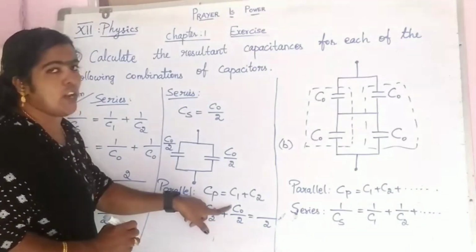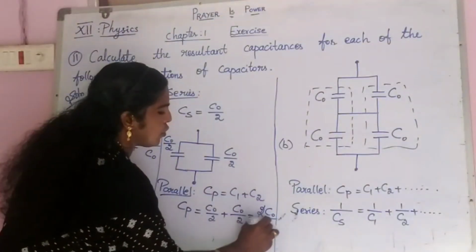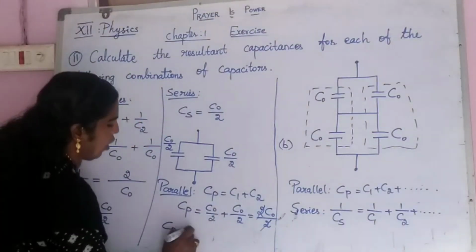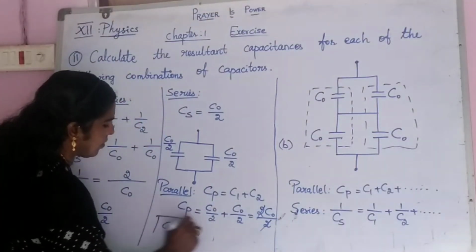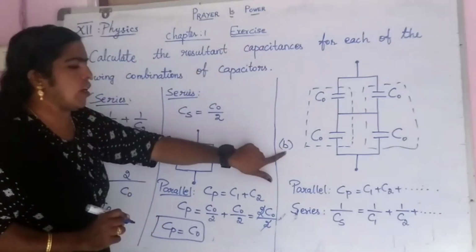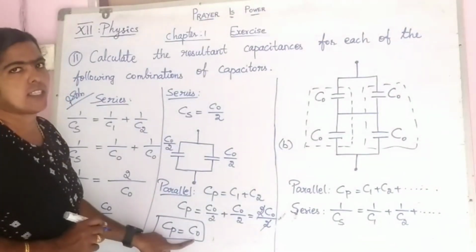C0 plus C0 is 2C0. The 2 cancels. So the parallel value is C0. So the resultant capacitance for question B is Cp equal to C0.